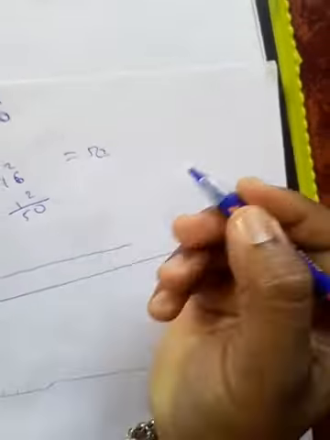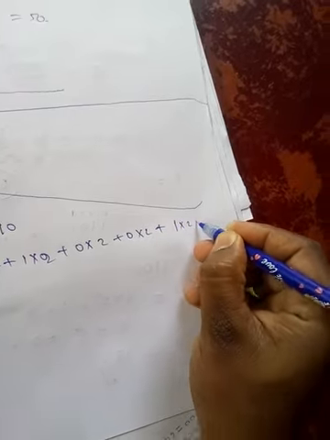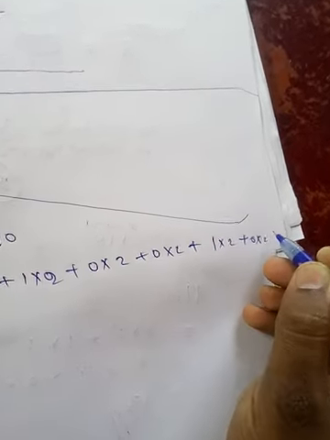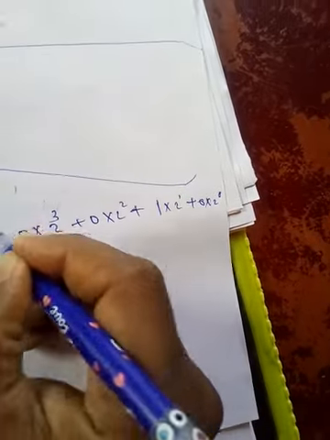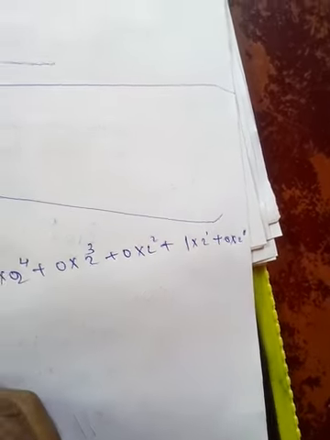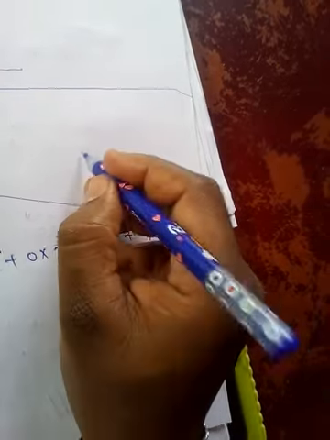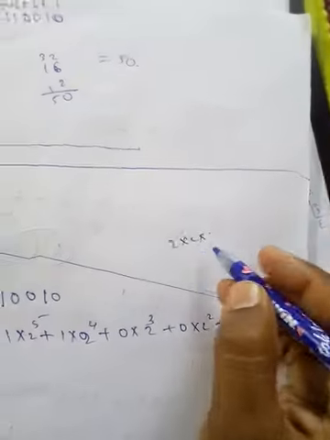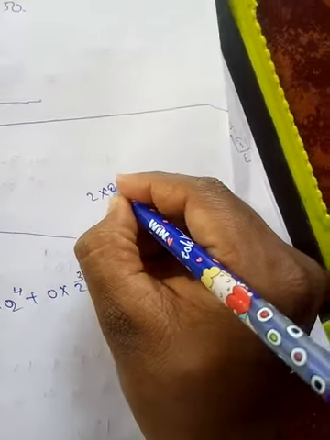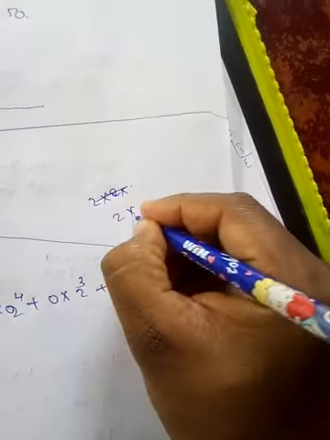110010. Okay, 1 into 2 to the power 5, plus 1 into 2 to the power 4, plus 0 into 2 to the power 3, plus 0 into 2 to the power 2, plus 1 into 2 to the power 1, plus 0 into 2 to the power 0. Give the powers here as 0, 1, 2, 3, 4, 5. 2 raised to 5 means you have to multiply 2 five times.